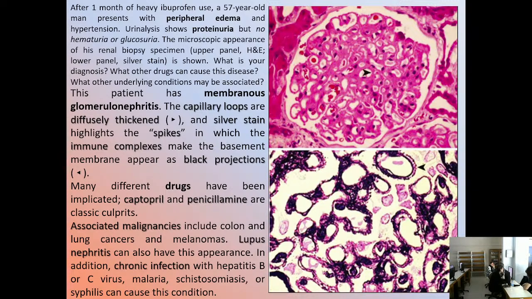Membranous glomerulopathy could be either primary, starting from the kidney and the glomeruli, or secondary. That means you have a malignant neoplasm someplace, or infectious diseases. Melanomas, lung cancers, colon cancers, hepatitis B, and you have a systemic disease, and the glomeruli are affected and become like that.